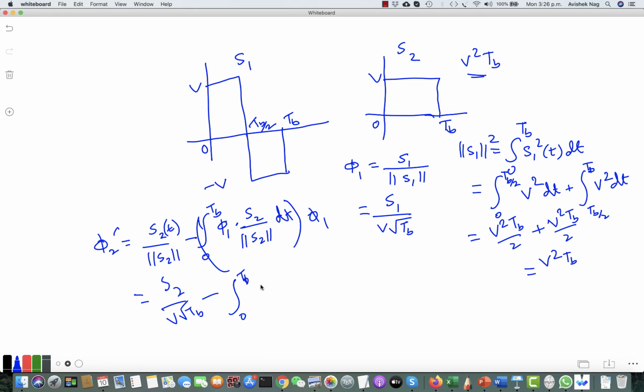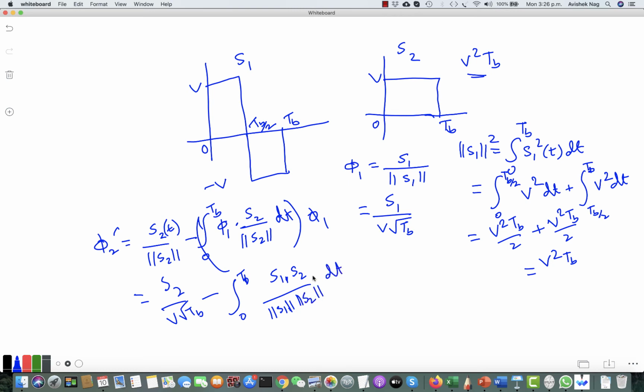Integral 0 to TB, phi 1 is S1, so S1 times S2 divided by the norm of S1 times the norm of S2.